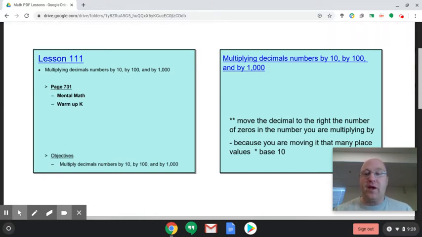And once you figure out where the decimal place is, you count the number of zeros in either the 10, the 100, or 1,000, and you move the decimal. And since we are multiplying, we need a bigger answer or product, so we have to move the decimal to the right. So anytime you want a bigger decimal number, you move the decimal to the right.